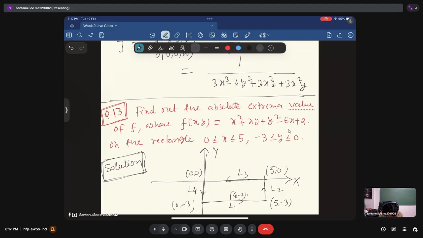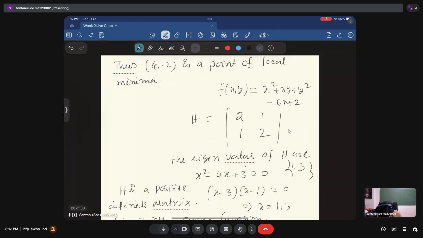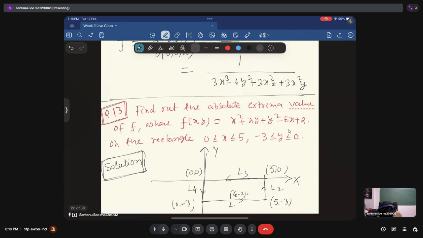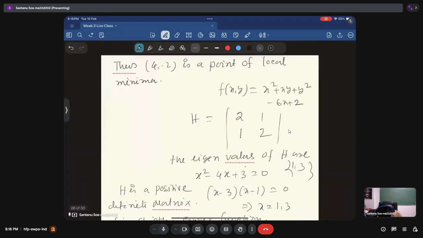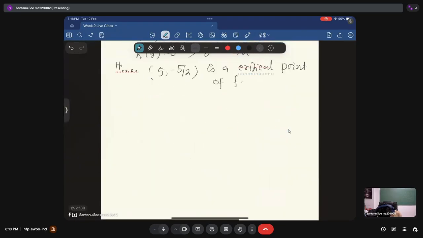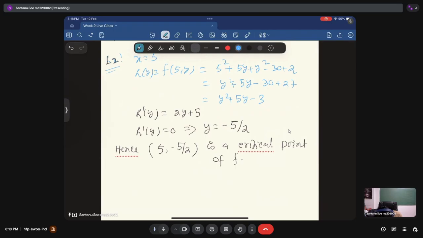So along L1, we can see that y is fixed as minus of 3. So along the line L1, y is minus of 3. Okay.